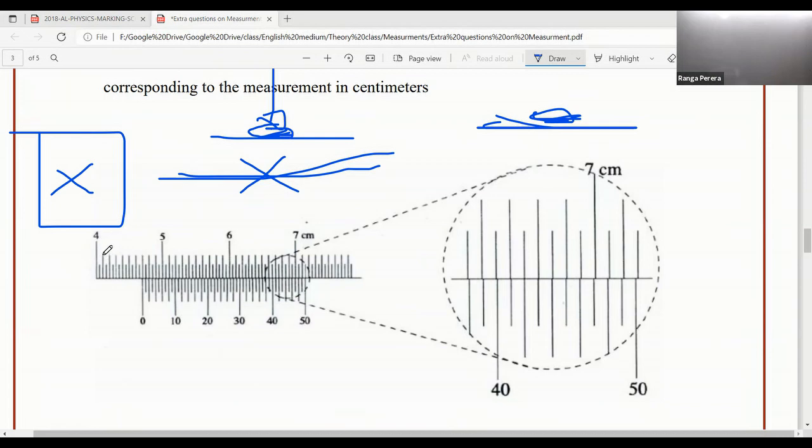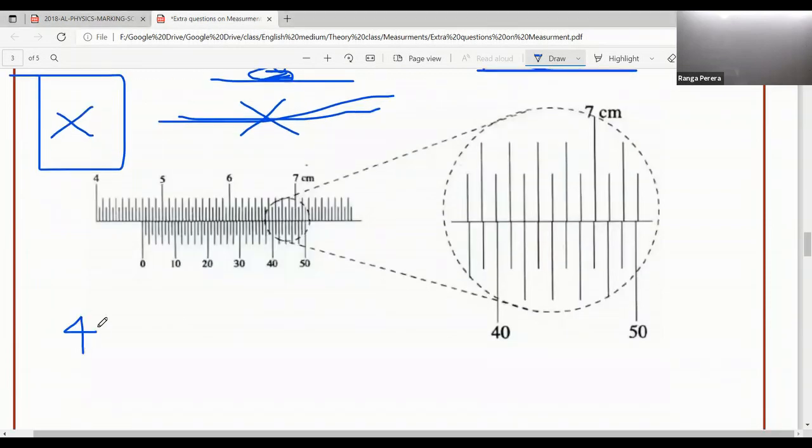If I go with centimeters, 4.1, 4.2, 4.3, 4.4, 4.5, 4.6. 4.65 you can read.